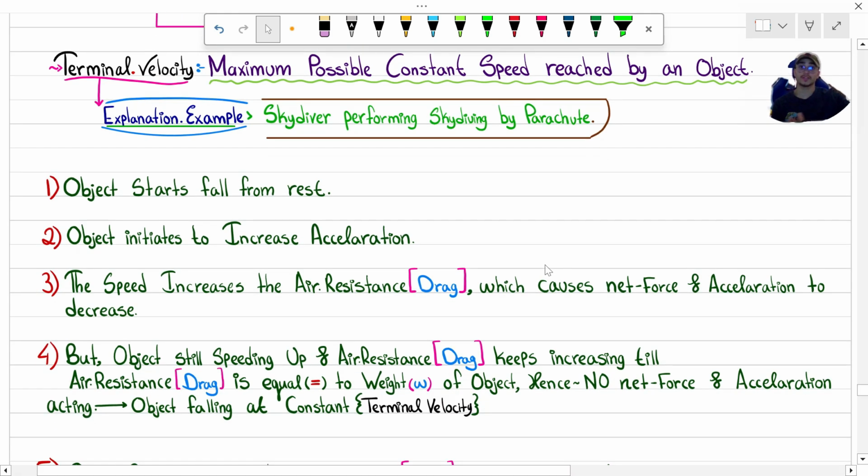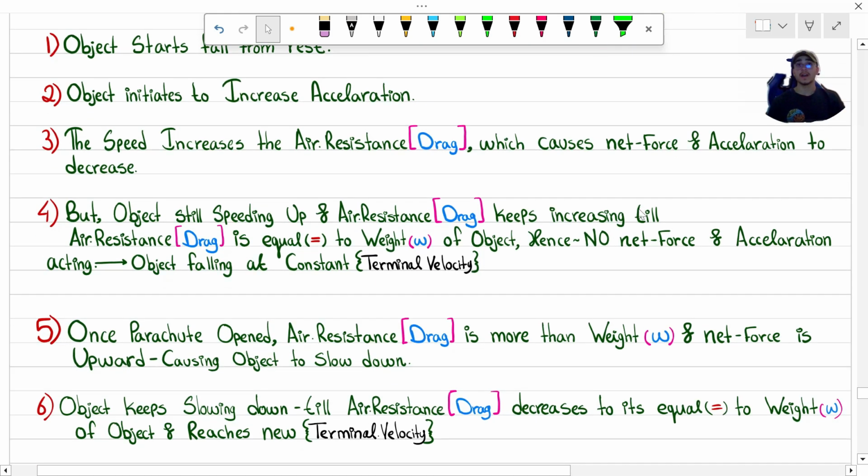Let's take an example to explain terminal velocity. Our example is a skydiver performing skydiving with a parachute. The skydiver will fall from rest. When he falls, he will accelerate, so his speed is going to increase.